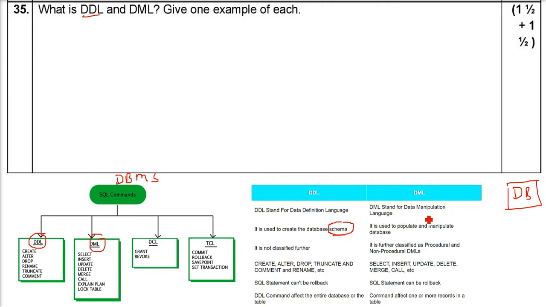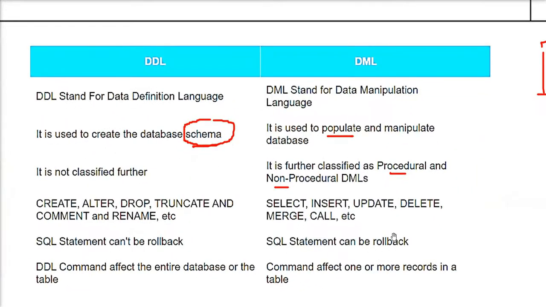Then Data Manipulation Language, DML. When the database is already made, you need to populate it, and there are certain modifications you would like to do. You cannot classify DDL, but DML can be classified into procedural and non-procedural DMLs.